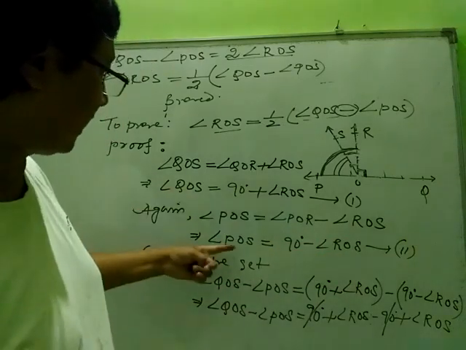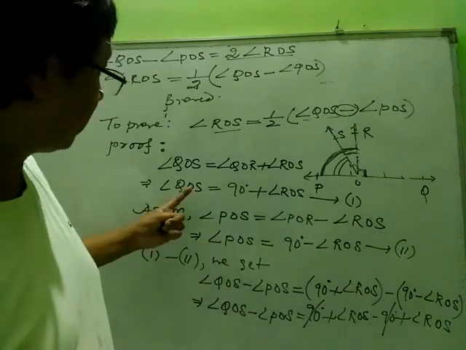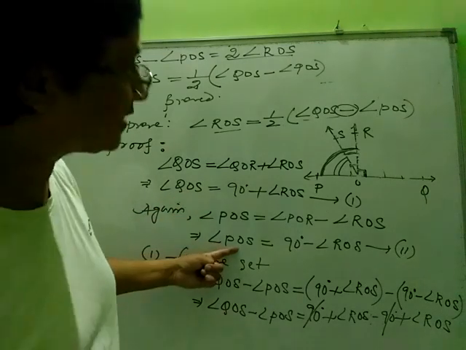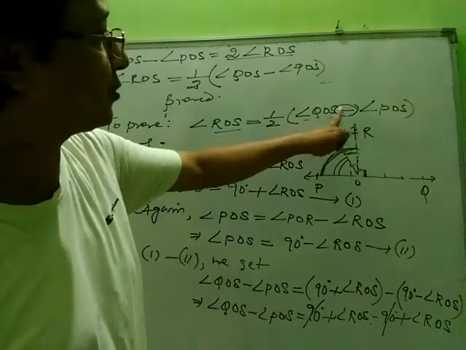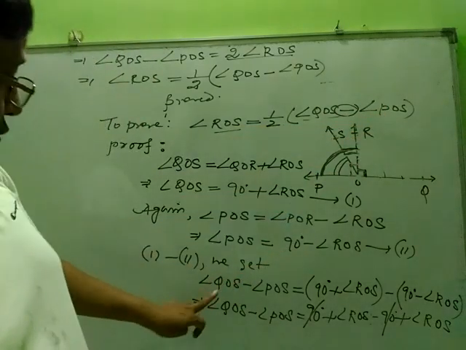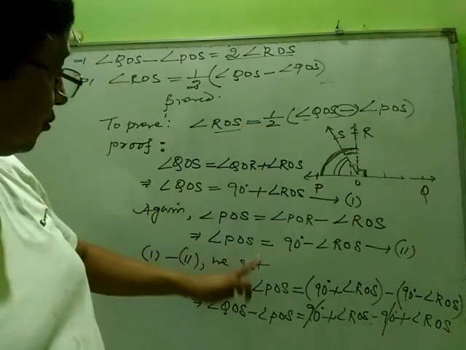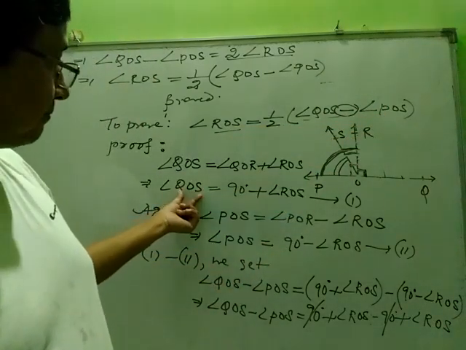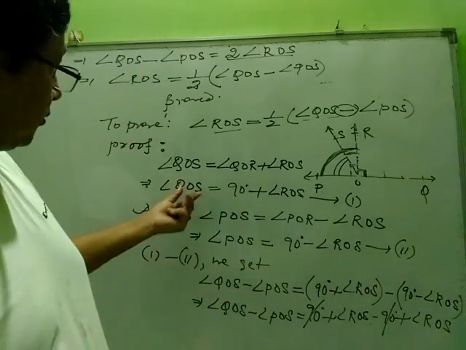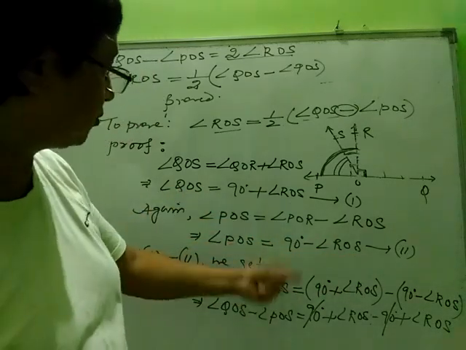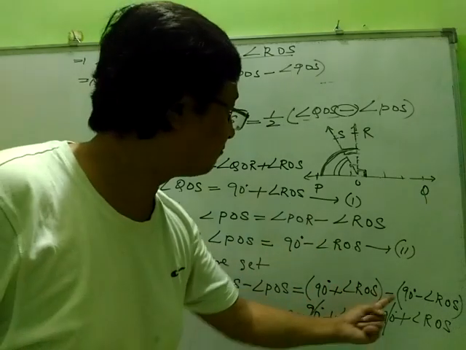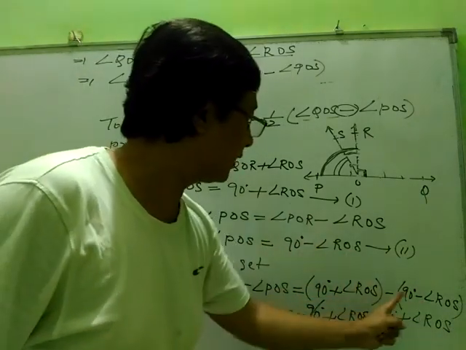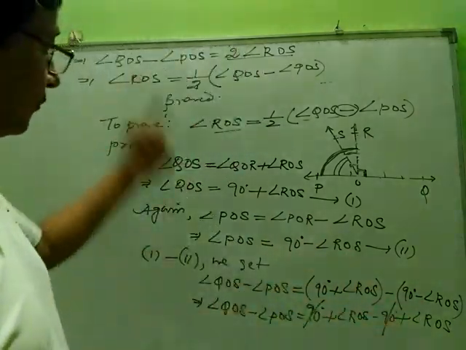Now this minus this. Why did we do minus? QOS minus POS, because there is minus. So equation 1 minus 2. This minus this equals equation 1 minus equation 2. Then you simplify the bracket. So that is proved.